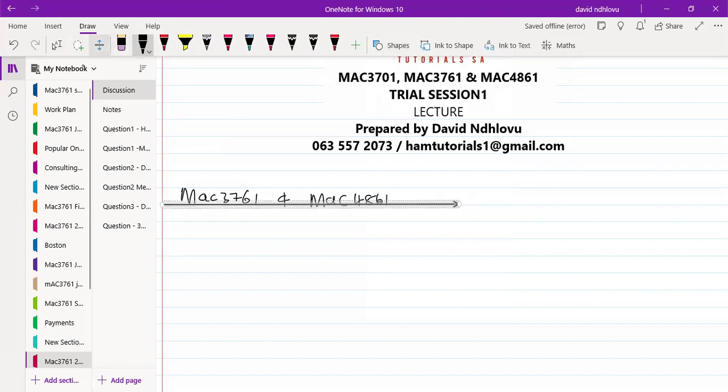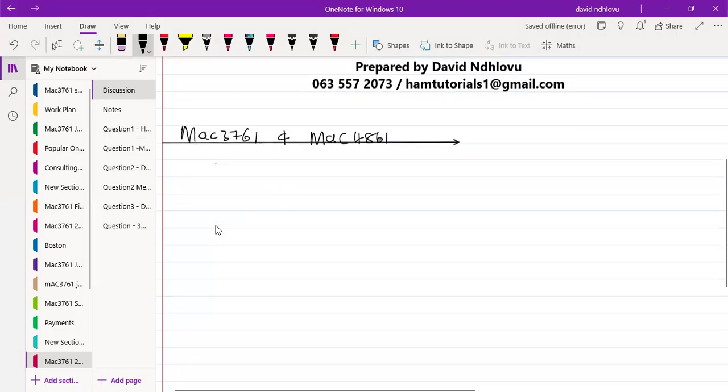Right. So we all know that the modules are year modules, which means we are going to do these modules throughout the year. You will have your assessments, your tests. I think there are about four tests, and then you have your exam at the end. So it's quite challenging, especially for those who are doing the year modules for the first time.